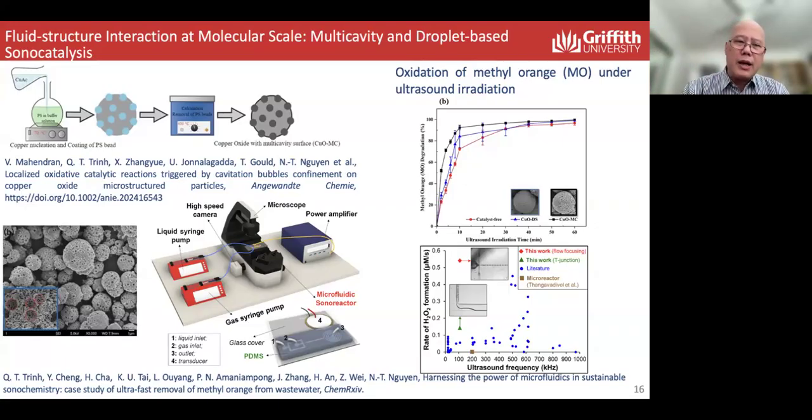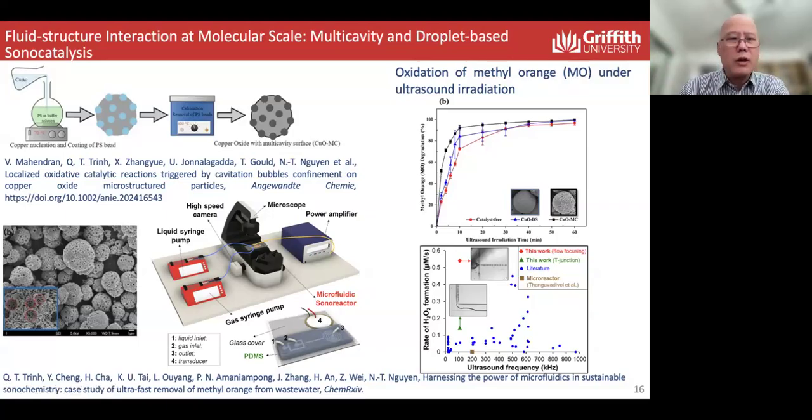Or we produce, as in the setup down here, air bubbles in a microfluidic device and excite the whole system with high frequency. So the air bubble oscillates and induces cavitation inside it, and that also produces reactions that normally do not happen. So that's an emerging area.